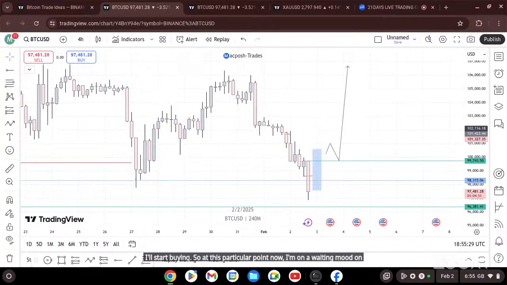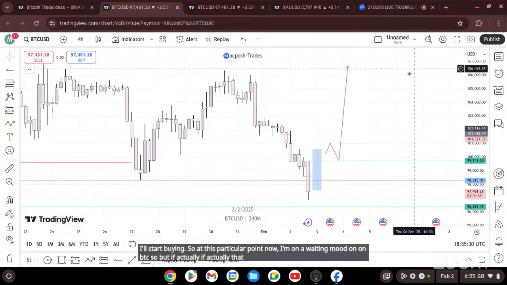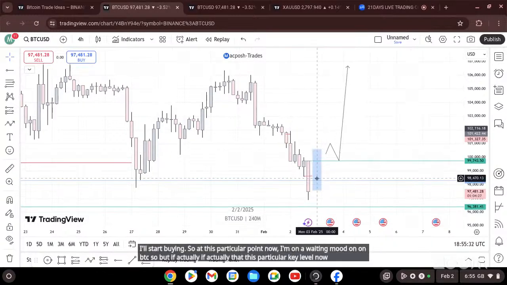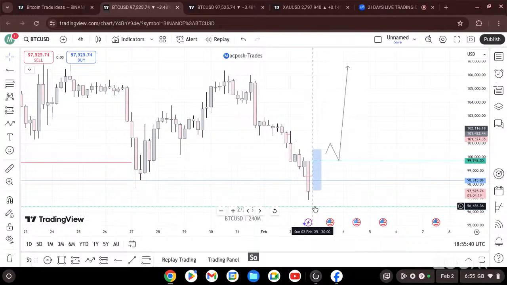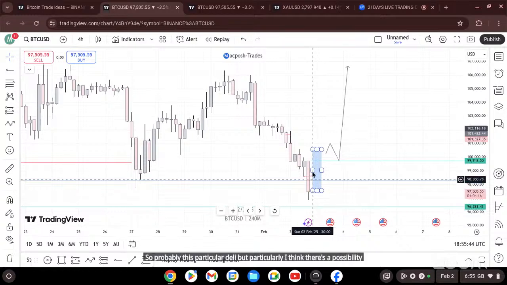But if this particular key level now, if price didn't create something like this, I'll be looking for more of sales. So probably this particular daily can, but I think there's every possibility that price will do something like this.